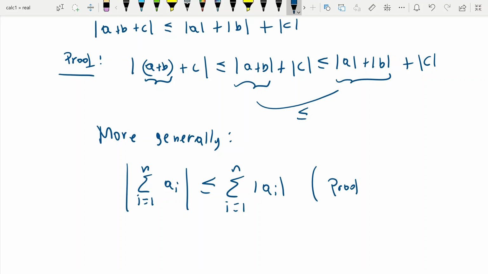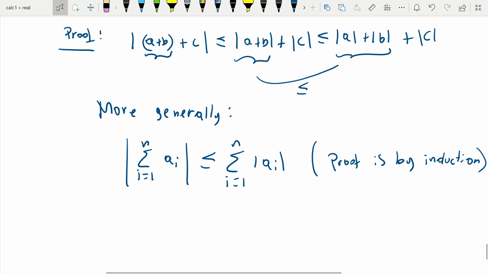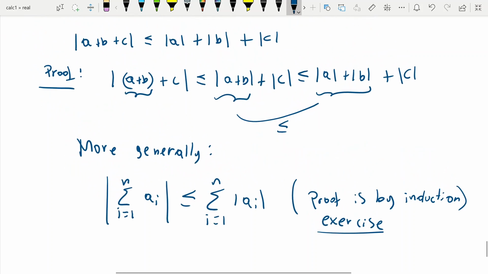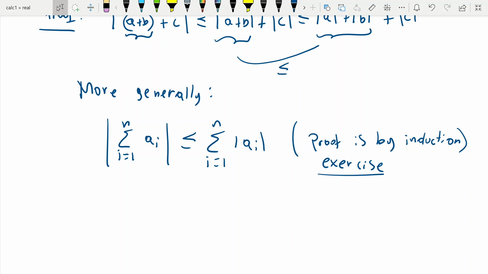And the proof here is by induction. And induction is something we'll discuss in a little while, so this should be an exercise for you once we discuss induction. It's not a difficult one, but it's a good way of getting used to proving things.